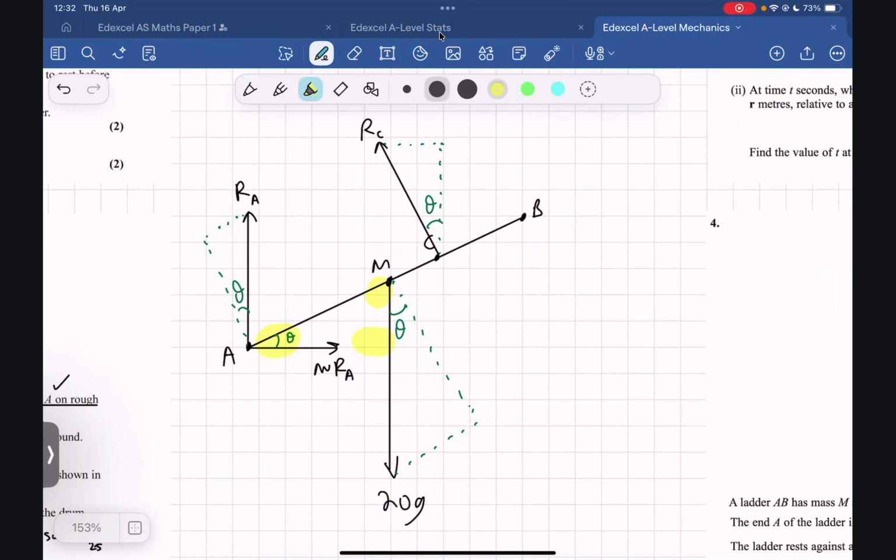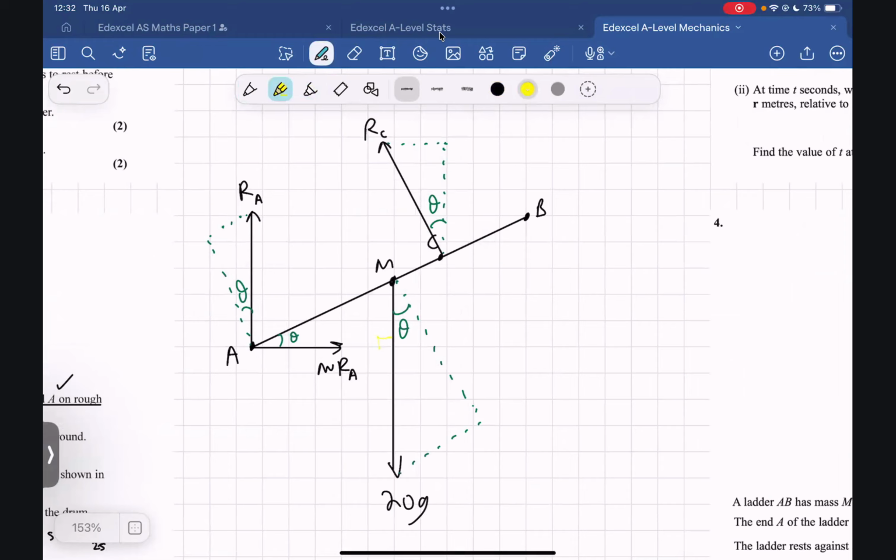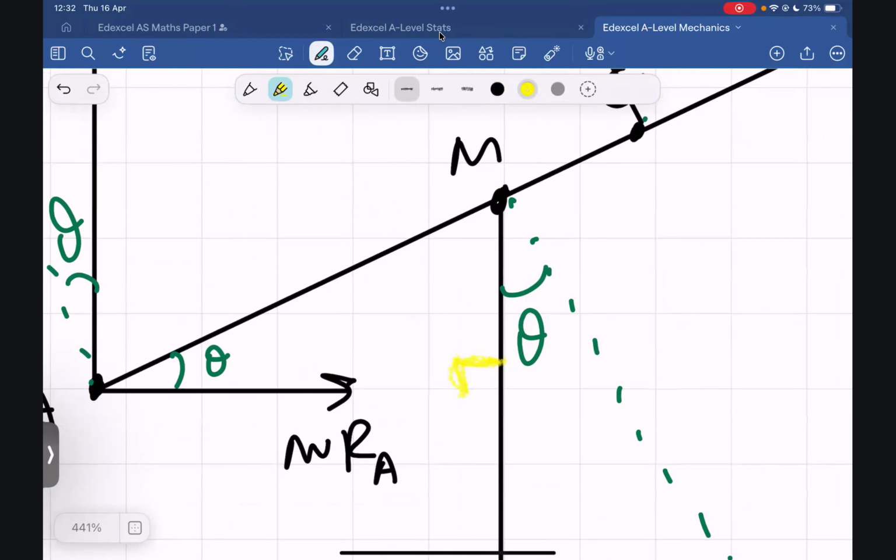This one is 90 minus theta. I'll show you again. Imagine if theta is 50, then this will be 40. So this will be 50.